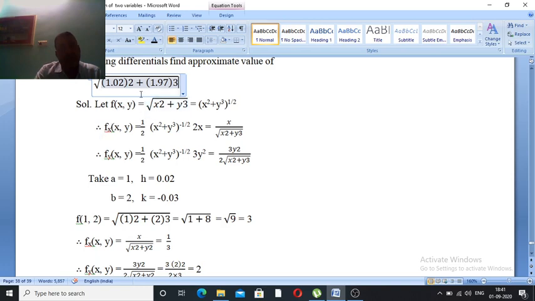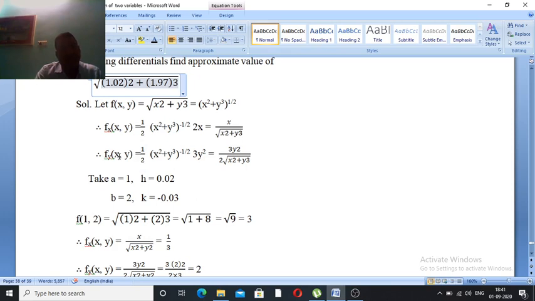Differentiate this function with respect to x. f_x(x,y) is equal to 1 half (x square plus y cube) raised to 1 minus 1 half, that is minus 1 half. Again, the derivative of x square plus y cube is 2x; the 2 gets cancelled, so x upon under root of x square plus y cube.